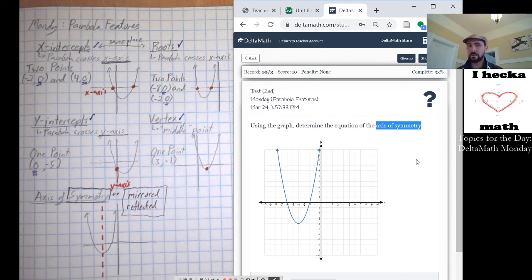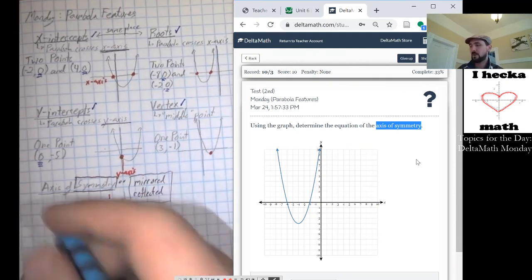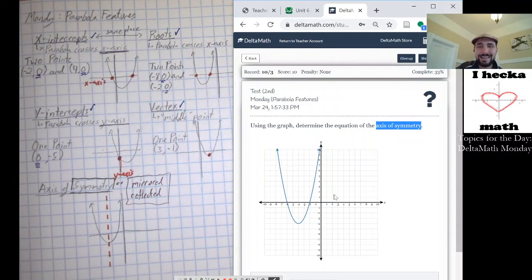So the thing to remember, if you want to talk about a vertical line, it's not a point, right? We're not saying it's a point of symmetry. We're saying it's an entire line of symmetry, and that line is along the x value of wherever that line is.